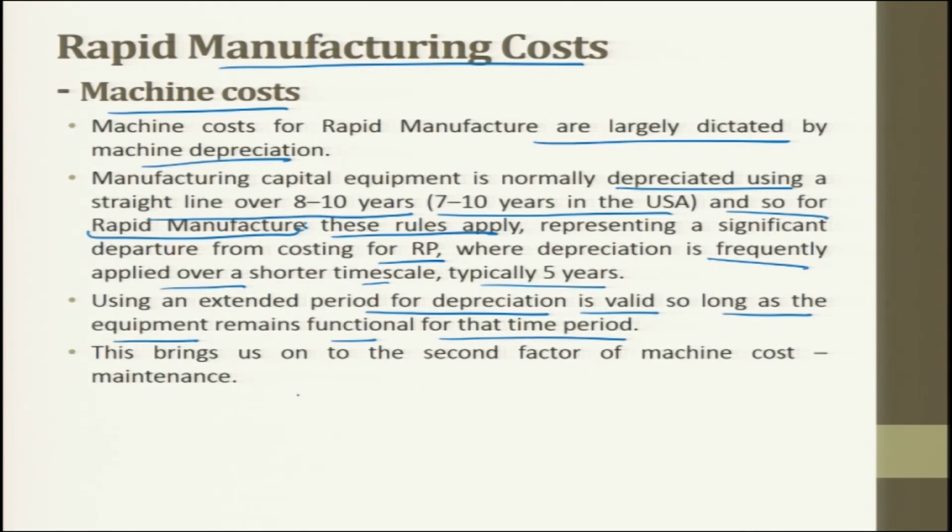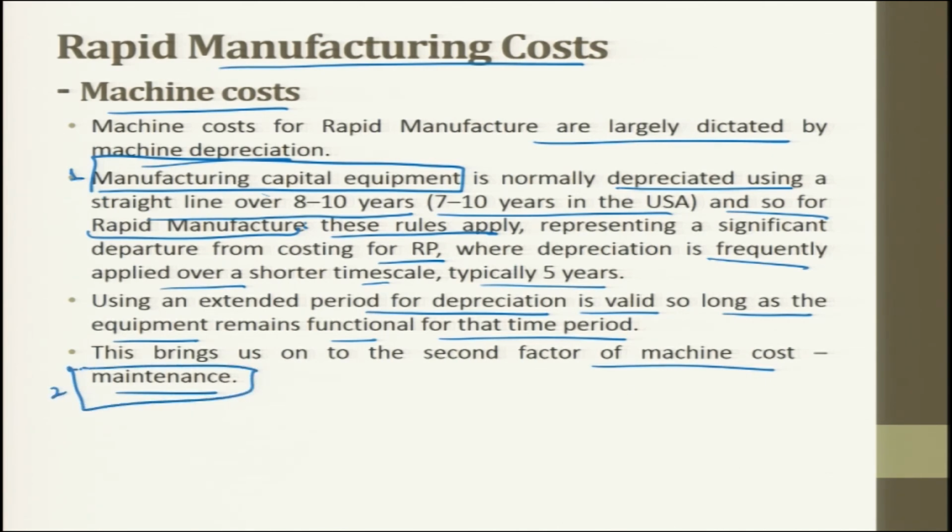So, this brings us to the second factor of machine cost, that is maintenance. Machine cost has, one, capital equipment, manufacturing capital; second, maintenance. For example, in a selective laser sintering machine, the equipment will generally remain functional over an extended time scale.